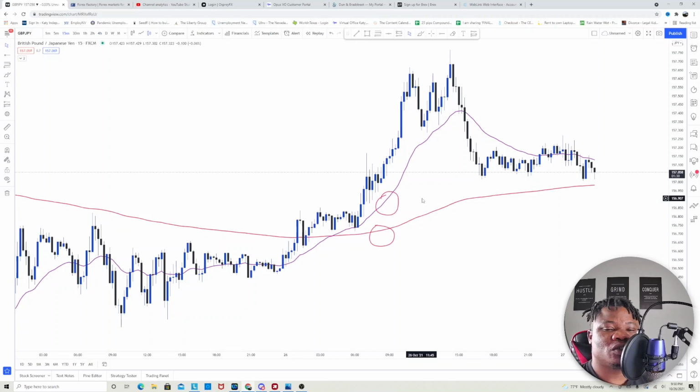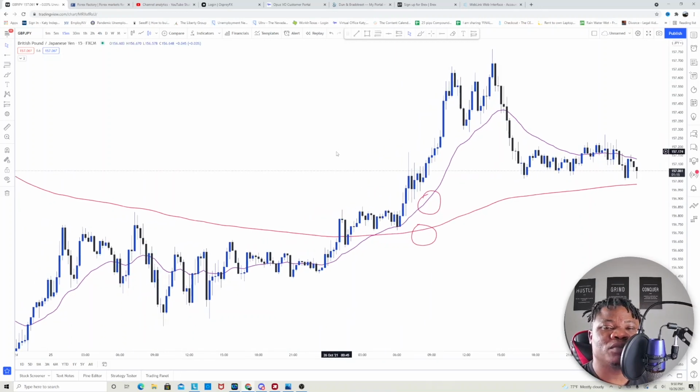Now to use this strategy, I'm going to be showing you guys a buy example and also a sell example. Now if we look at this buy position here, when we want to take a buy position, we need price to be above the 2 EMAs.